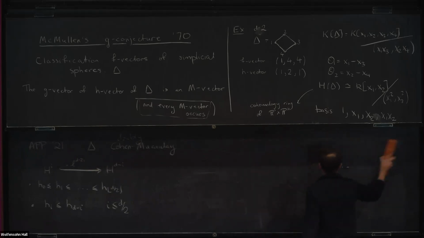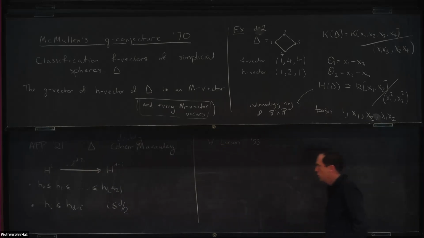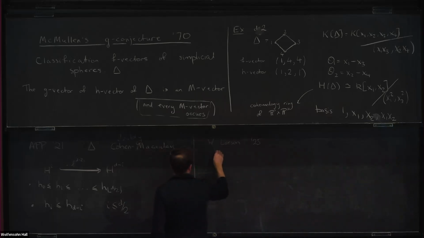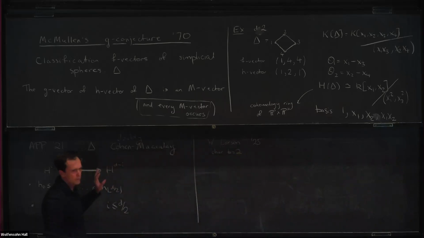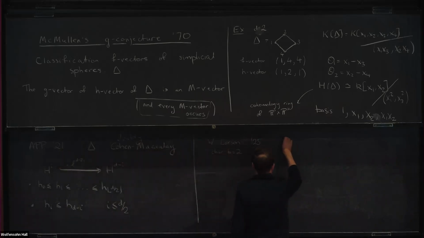And so something that I've been working on with Matt, but we haven't quite posted it yet, so I guess 2025, was that even though in this case, again, I want the characteristic to be 2, I don't have this Gorenstein property, what we can show is that there exists a surjection.